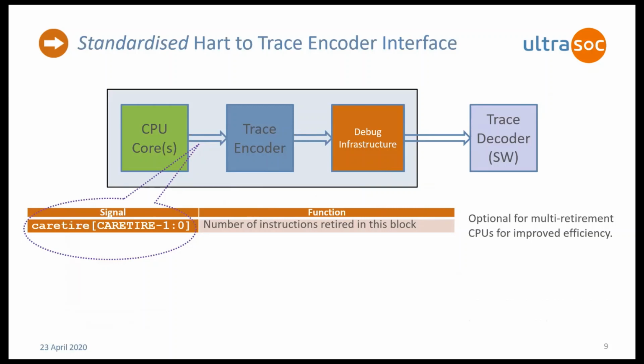We're not going to get into the details of that, but efficiency is all about creating an efficient encoding within the trace encoder, and communicating the trace information with as few bits as possible that need to be pushed off chip, because the lower the bandwidth, the simpler the debug infrastructure and the interfaces going off chip.